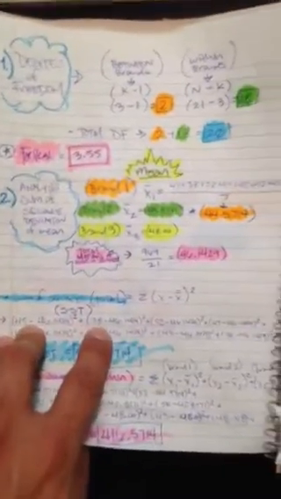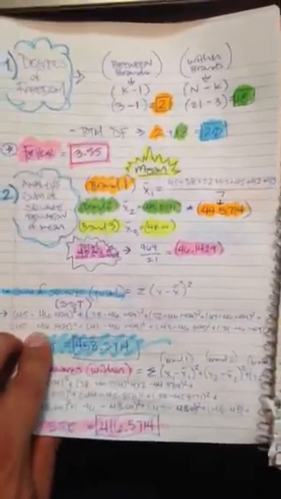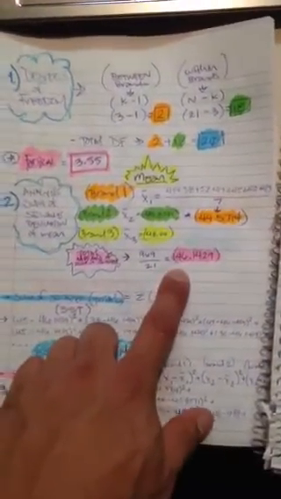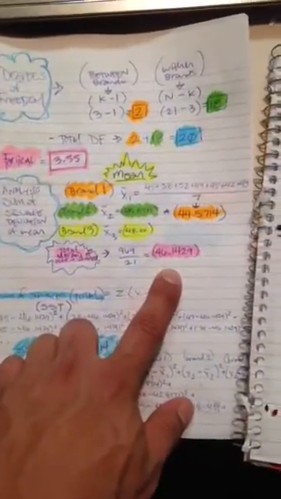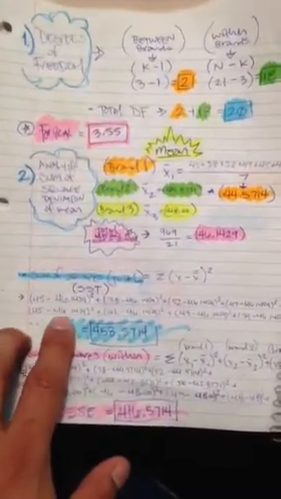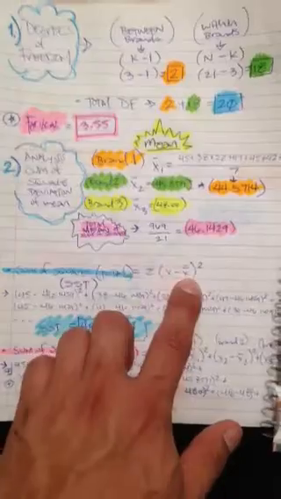For my sum of squares total, I'm going to take my total mean, which is 46.1429, and I'm going to put that right in there.